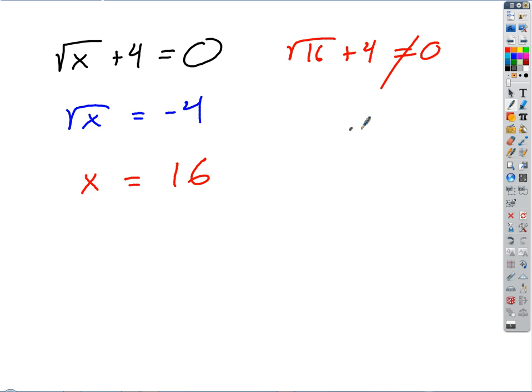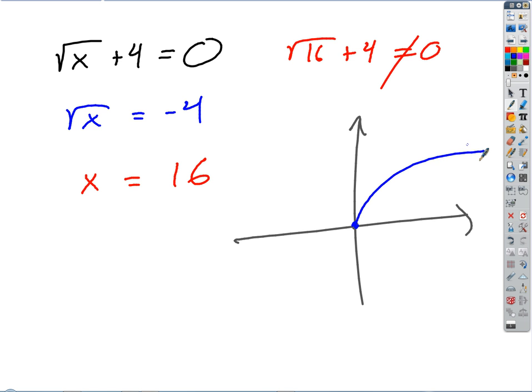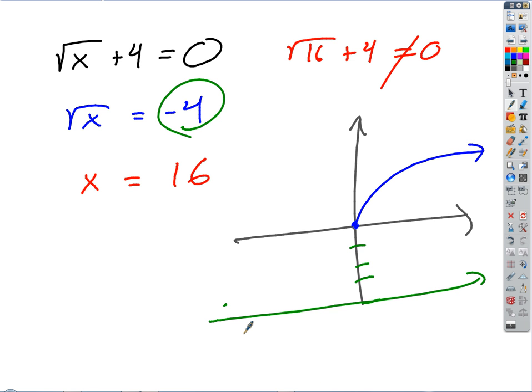If I graph the square root of x, we know what that looks like. It just looks like that, right? If we graph y equals -4, though, it looks like that. There are no intersections, right? Okay, make sense?